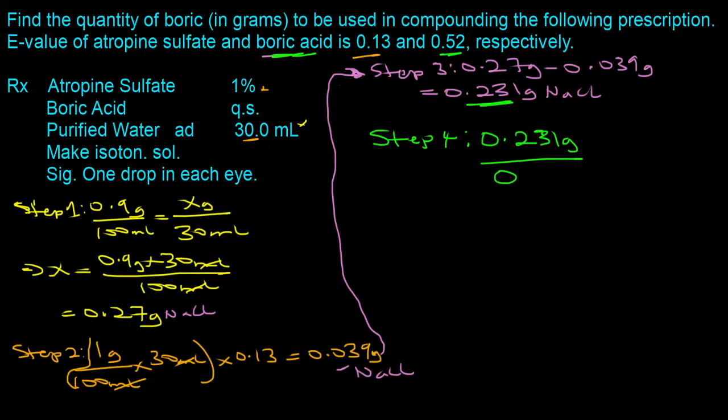So we divide this by 0.52, and that's going to be equal to 0.444 grams. The only difference here is you go through all 3 steps, but you don't stop at the 3rd step because everything is sodium chloride. To move on to the amount of the adjusting agent, which is different from sodium chloride, you divide the value in step 3 by its E value, as we did here.